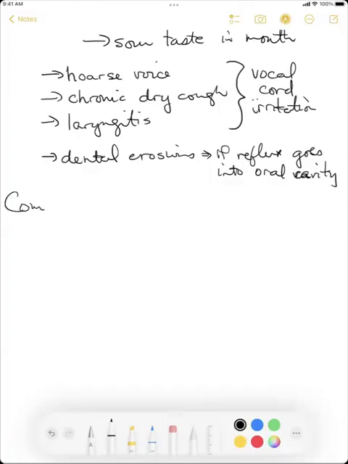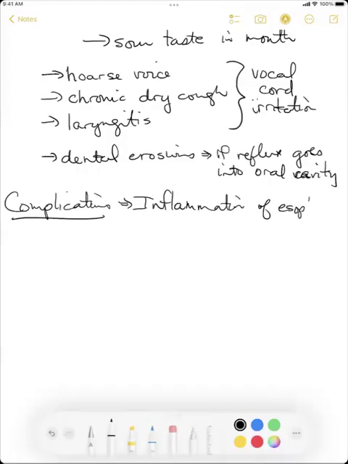Some of the major complications are inflammation of the esophagus and breakdown of the mucosal lining. So remember, the esophagus doesn't have that ability to produce protective mucus.